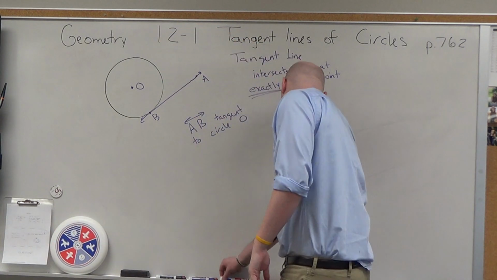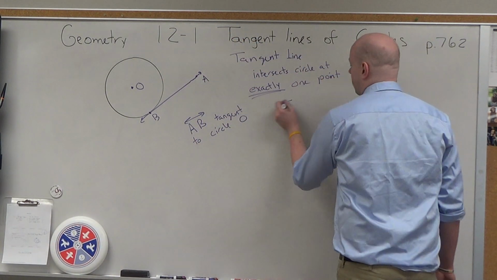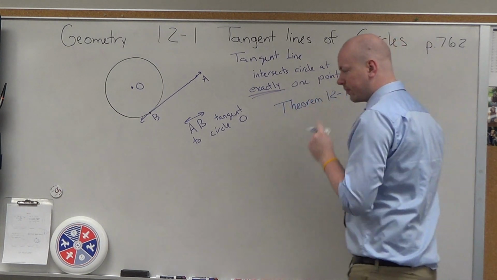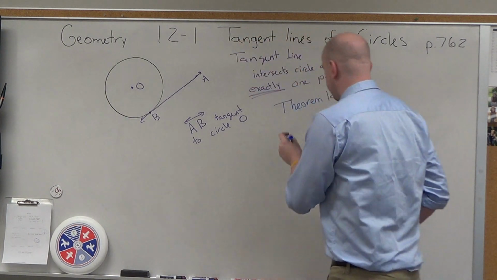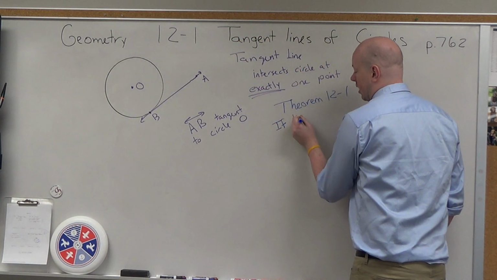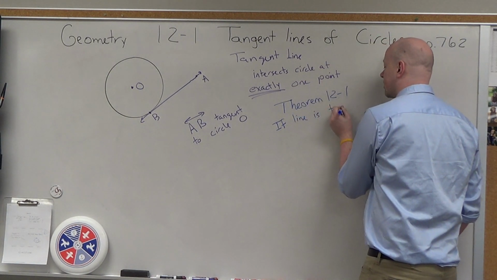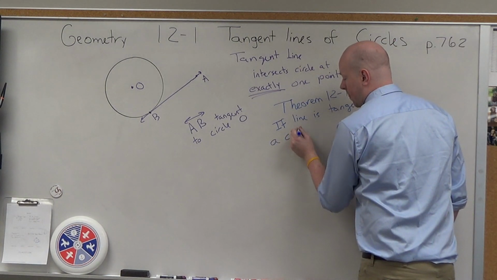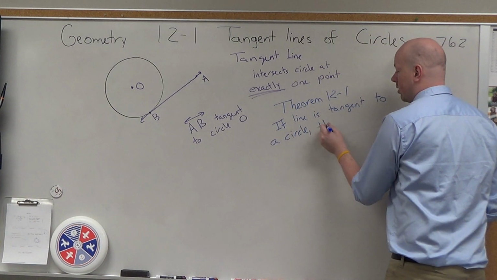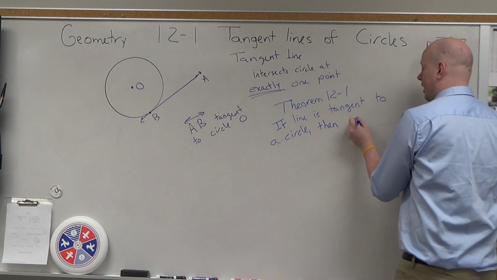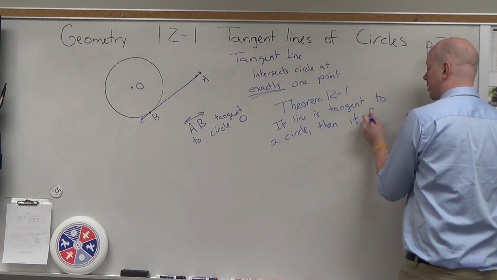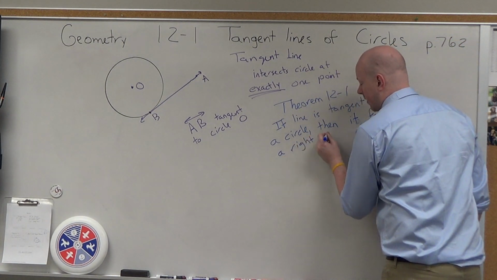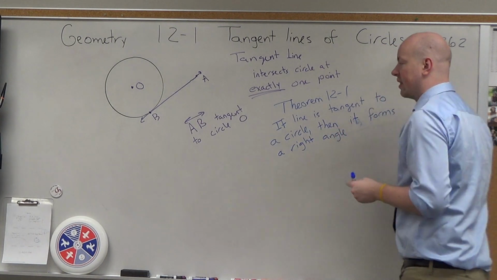So first, let's start off with everyone's favorite theorems. So, theorem 12-1 says that if a line is tangent to a circle, then it forms a right angle with the circle.